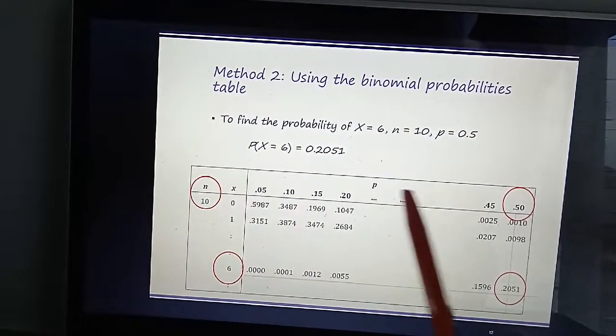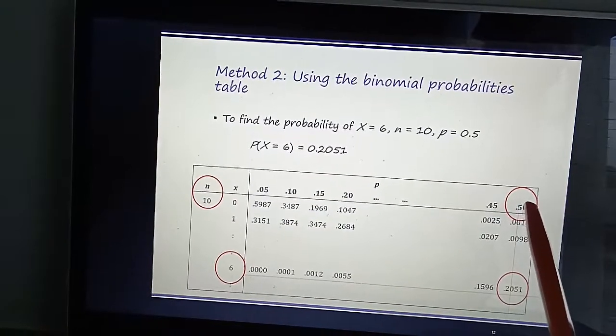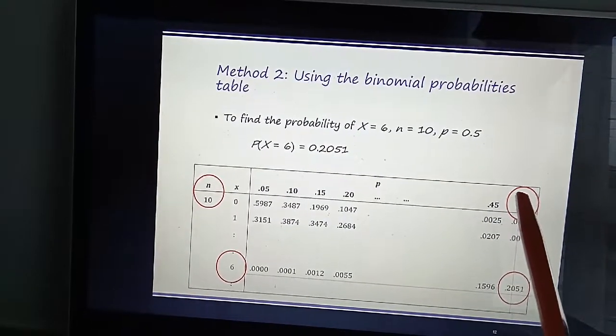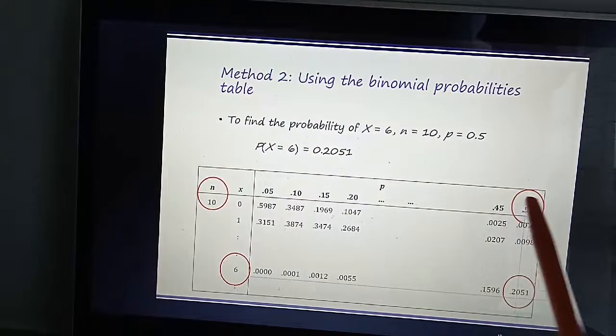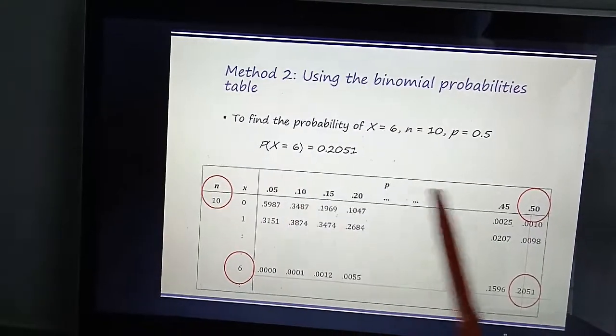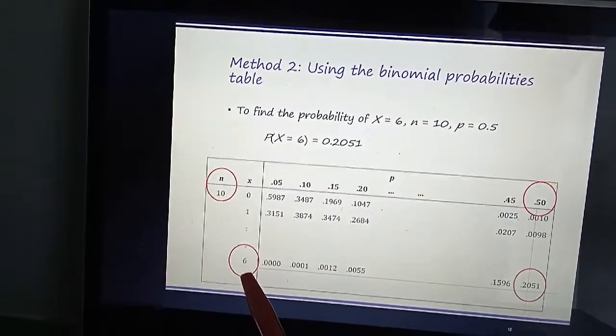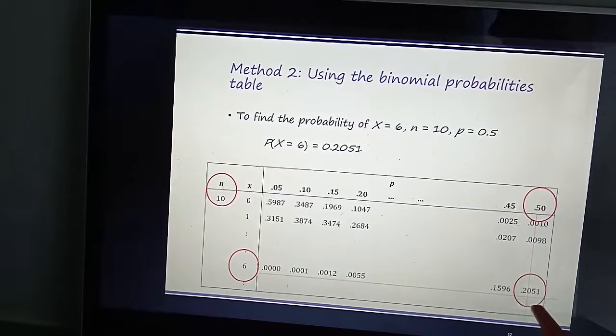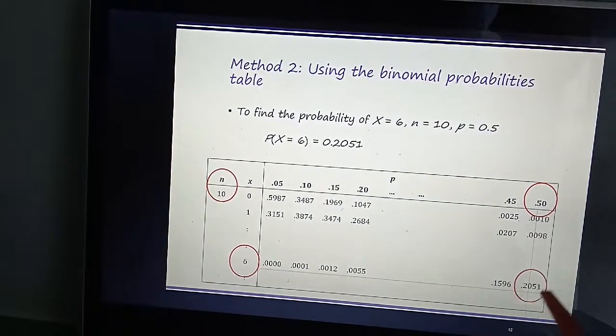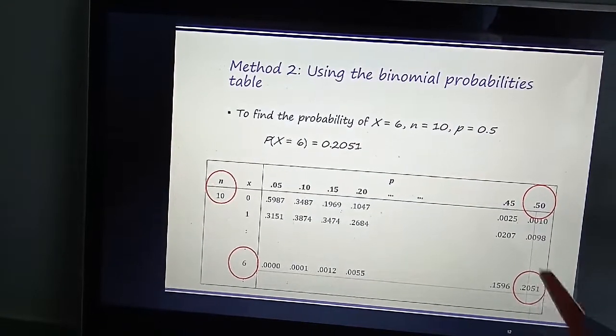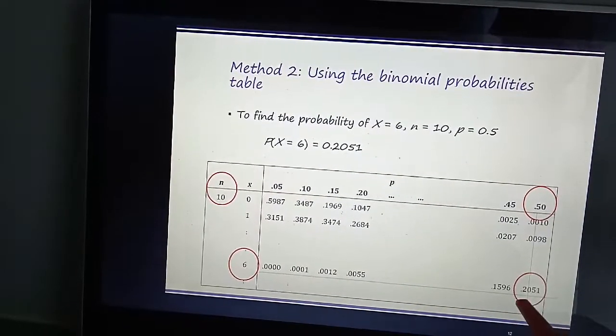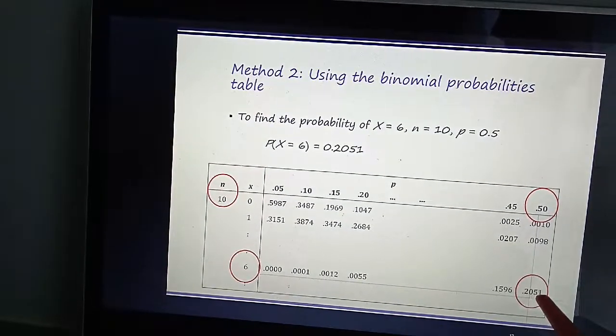We locate the value of the probability from the p value, size, and x equal to 6. So the answer is here. The probability x equal to 6 is given in this cell, which is 0.2051.